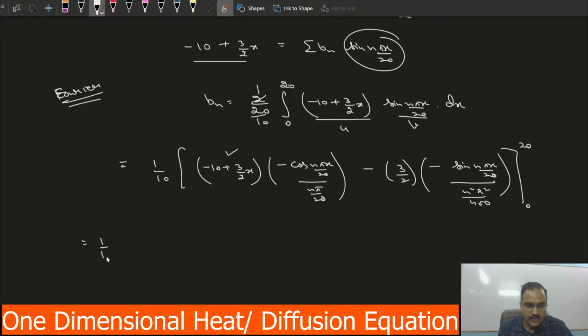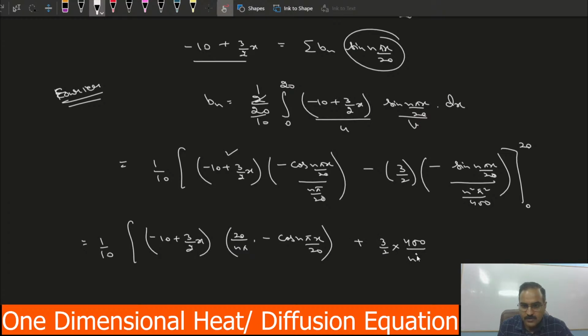So it will be 1 by 10 into minus 10 plus 3 by 2x and 20 over n pi into minus cos of n pi x by 20, minus and minus plus 3 by 2 into 400 over n square pi square into sine of n pi x over 20, from 0 to 20.